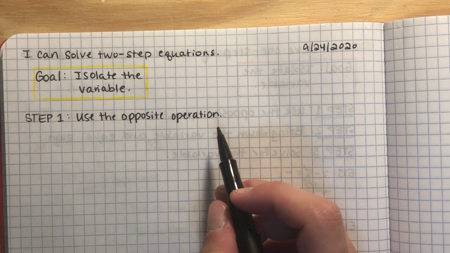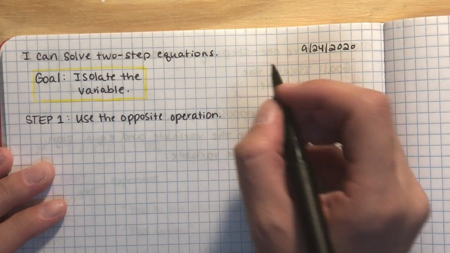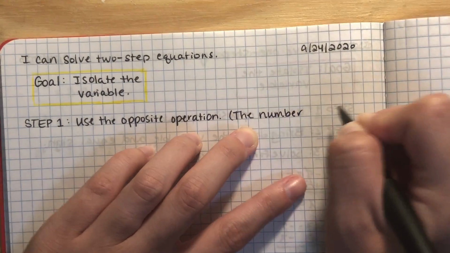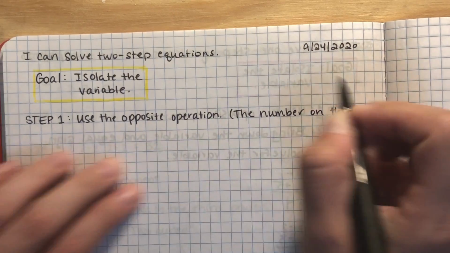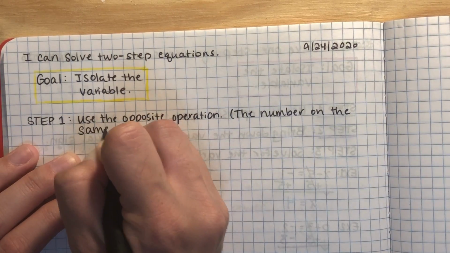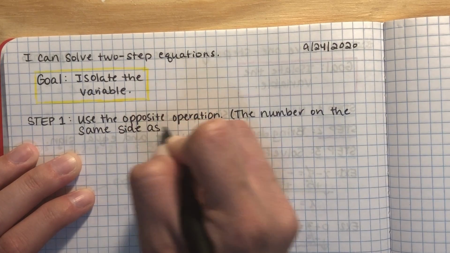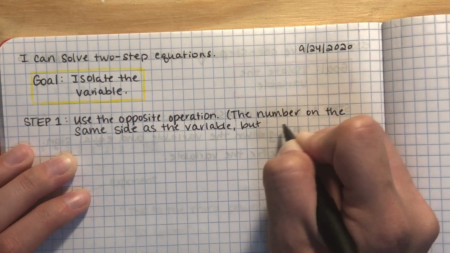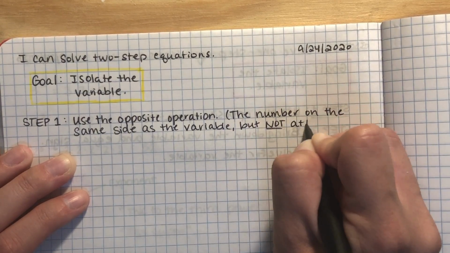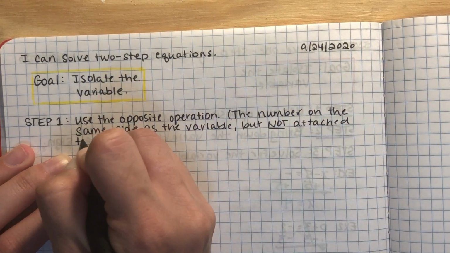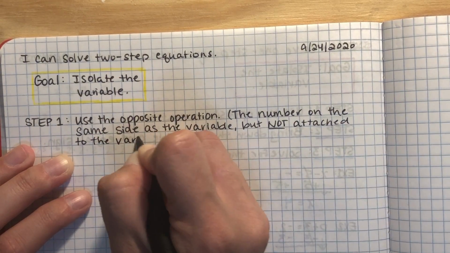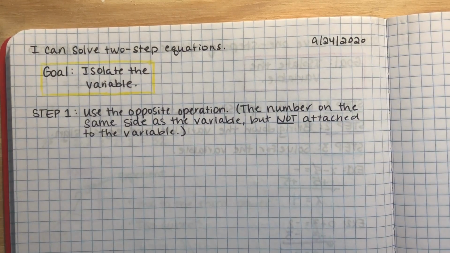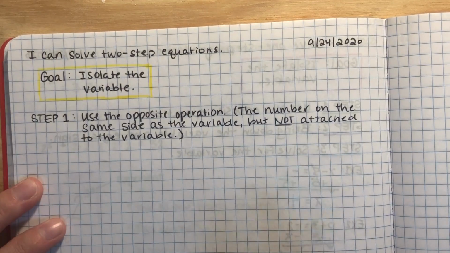We're going to use the opposite operation, and this is going to be the number on the same side as the variable, but not attached to the variable. And this might seem a little bit confusing at the moment, but it will make more sense. And this will just be like a reference point for you to return to should you need to.